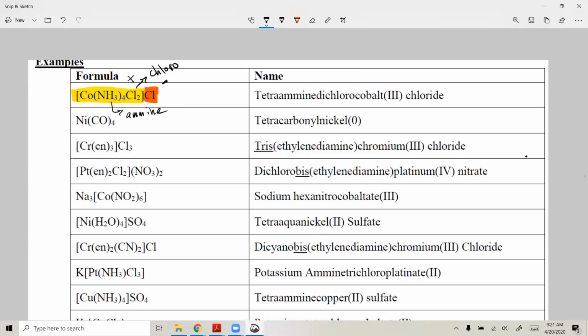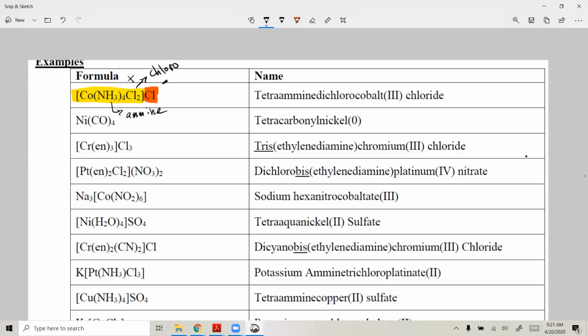And so when we're trying to choose between those, which one should come in first when we go through our name? How do we choose which ligand to name first? Alphabetical order, so amine would be first. Alphabetical, so amine is going to go first, right?